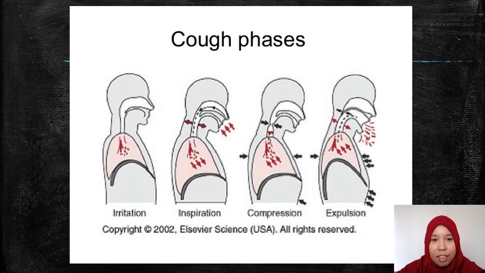Alright, another defense mechanism that your body has is coughing. It starts off with an irritation in your body when foreign particles enter your airways. This leads to stimulation of the vagus nerve, or cranial nerve number 10, and this will lead to inspiration.